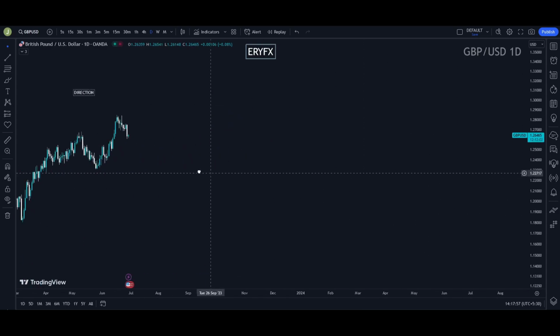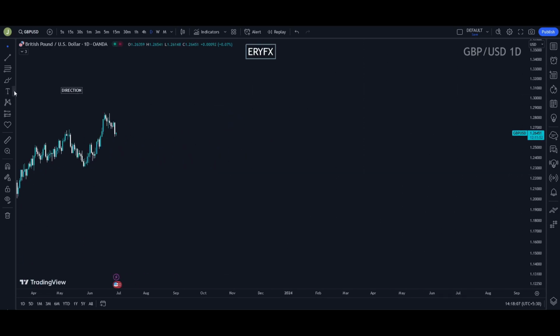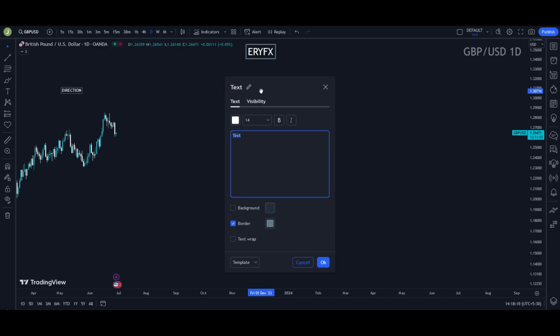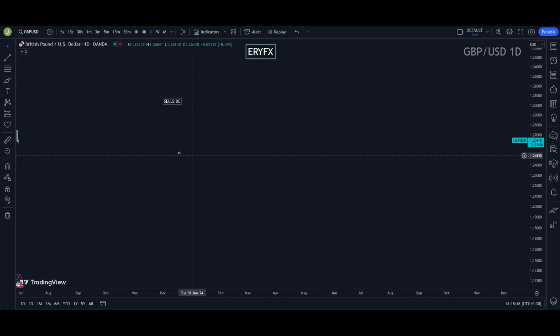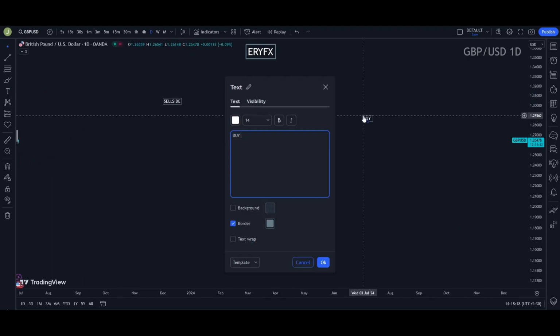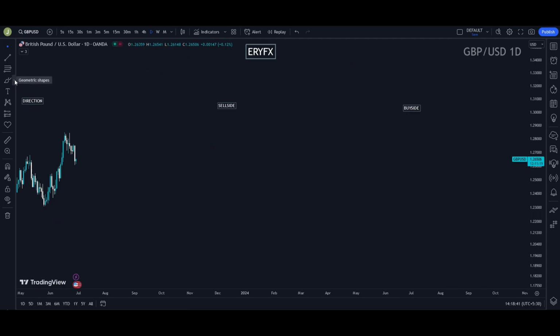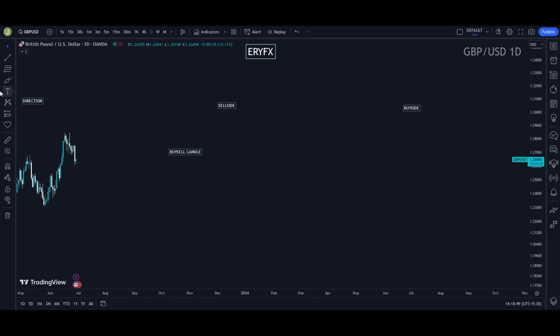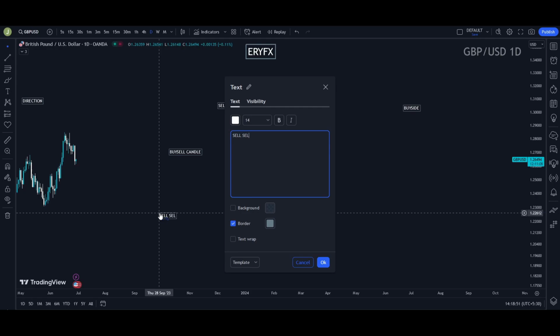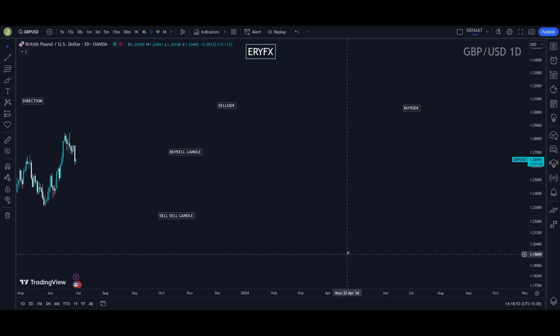So there are 4: 2 for the sell side and 2 for the buy side. For the sell side there are 2 types: the buy-sell candle and the sell candle.